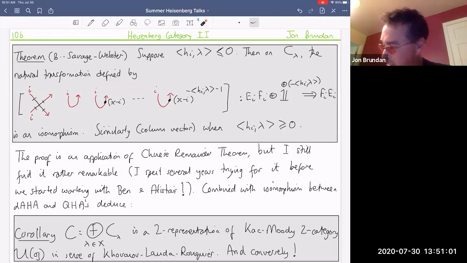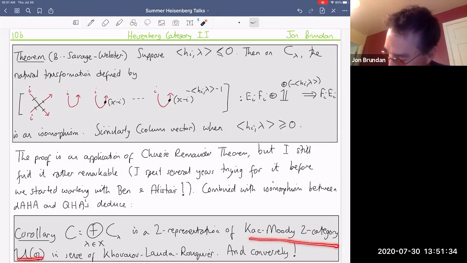If you combine this theorem with an existing isomorphism theorem between these degenerate affine Hecke algebras and quiver Hecke algebras, these KLR algebras, you get right away that this category C that we started with this block decomposition, in a canonical way, you can turn this Heisenberg categorical action into an action of the categorified quantum group, the Kac-Moody 2-category of Khovanov, Lauda, Rouquier.